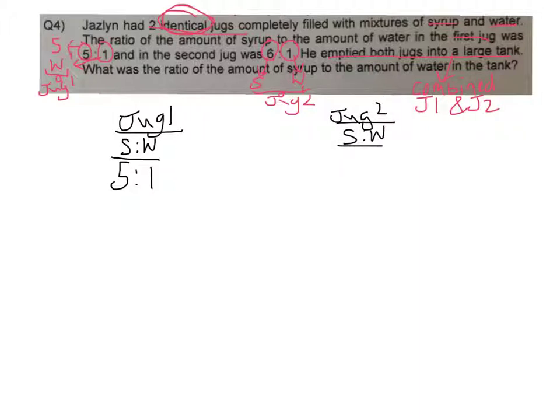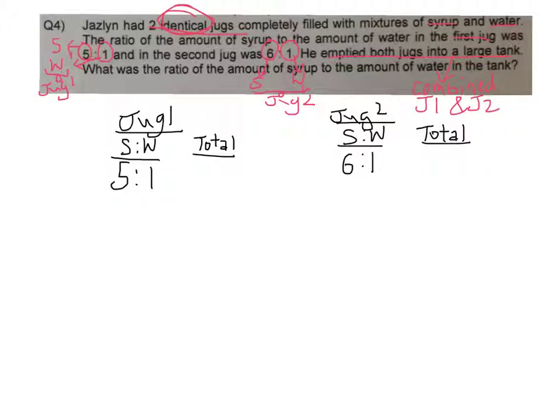Writing the title is very important so that you know what the units actually equate to. So over here is 6:1. Knowing the fact that both jars are identical, their total should be the same. So I'm going to write the total, but before I write it, I must write the title of it first. Very important, children, or else you will not know what you're doing.